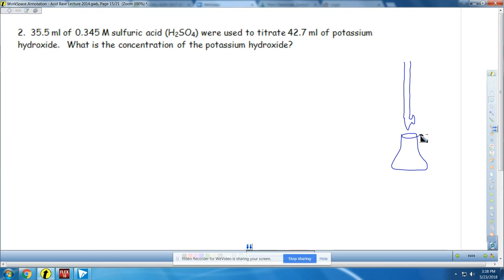This time the molarity that we know is 0.345 molar sulfuric acid, H2SO4. That will be delivered to the potassium hydroxide. The burette has my acid this time. And the flask starts with the base, potassium hydroxide, along with an indicator.